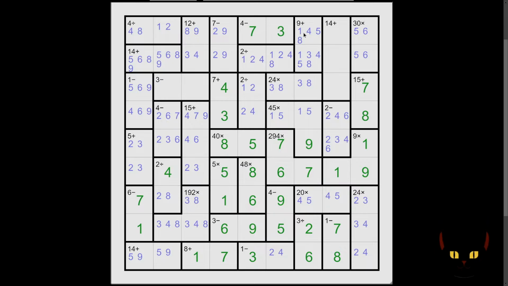Any other good clues hanging around? Don't see.